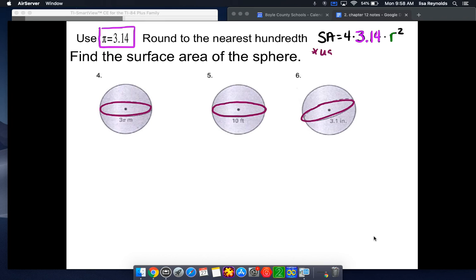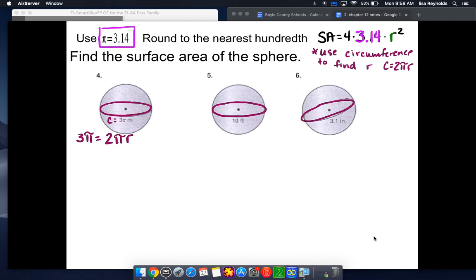So we're going to have to use circumference to find the radius. So we're going to use circumference equals 2 pi r. Our circumference in this first one is 3 pi meters. So we have 3 pi is equal to 2 pi r.